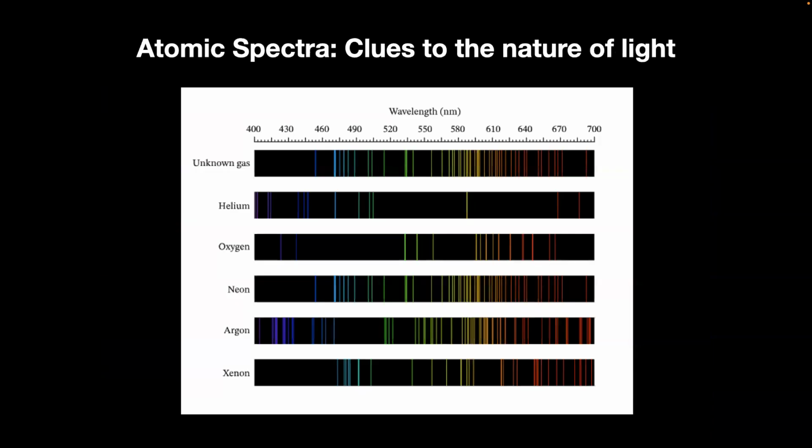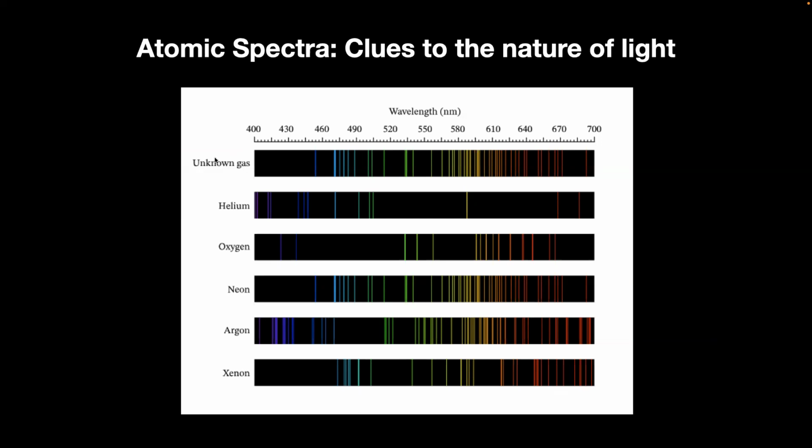When you look at atomic gases through a spectrometer or a spectroscope, you don't see a continuous spectrum like a rainbow, like what we would see maybe through a prism if we're just looking at white light. You see these discrete lines at different wavelengths. And this pattern is different for every atom.